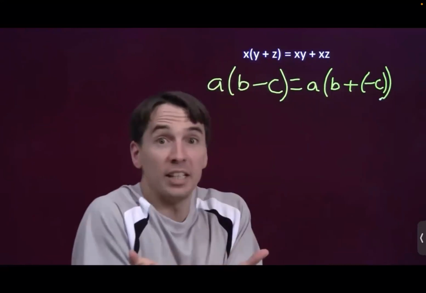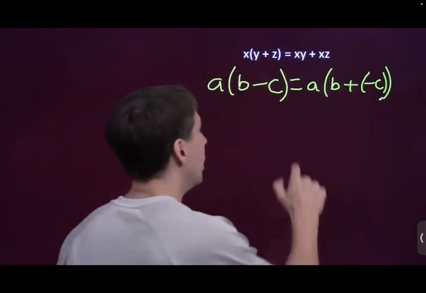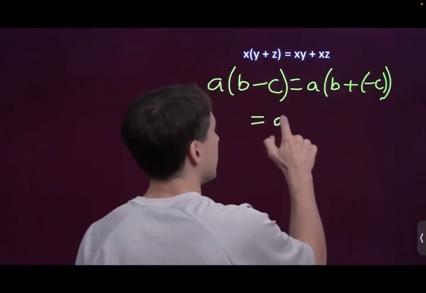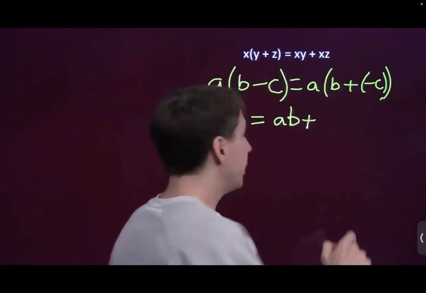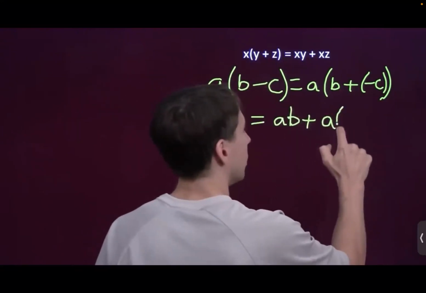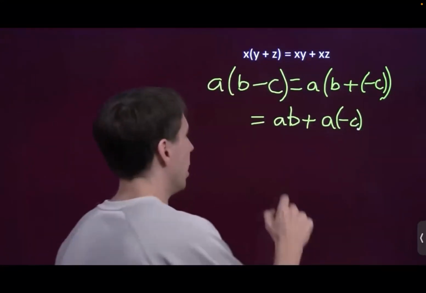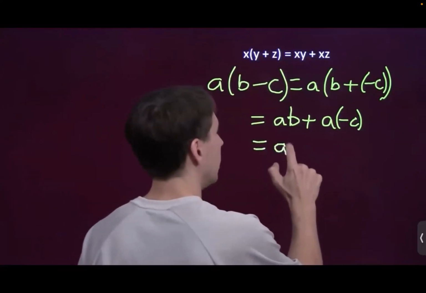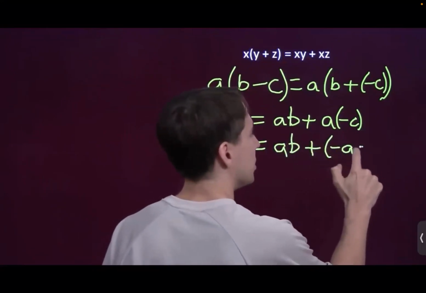So now over here I have an addition. I have a sum, so I can use the distributive property to expand this as a times b plus the product of a and the negation of c. So a times b, well, that's just a times b. A times the negation of c is the negation of ac.